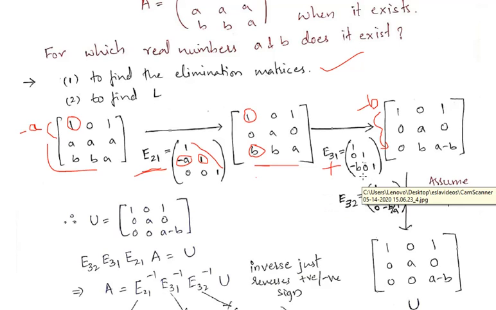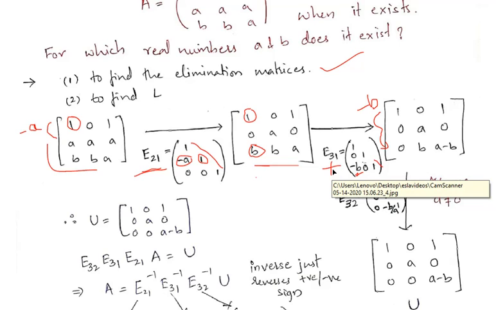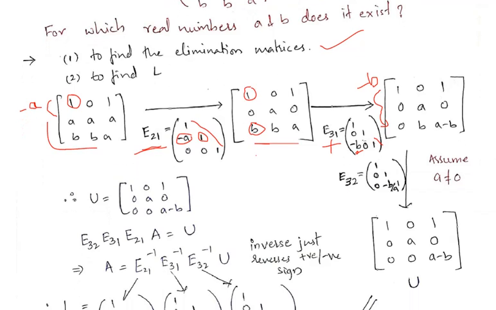So how to write the matrix? Take an identity matrix, consider the third row, and in it you are multiplying minus b with the first row, so the first element is minus b. So you have got the elimination matrix called E31, the operation on the third row, first element. Now you have got this.